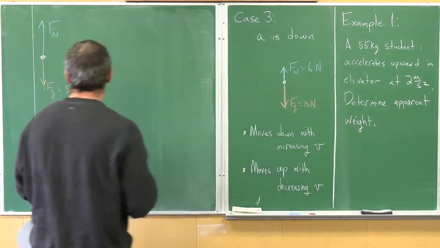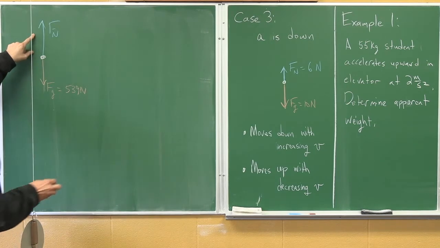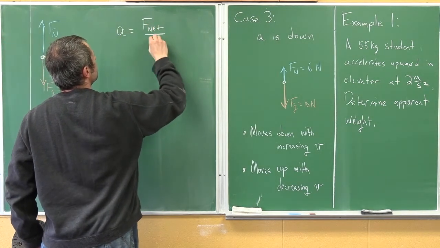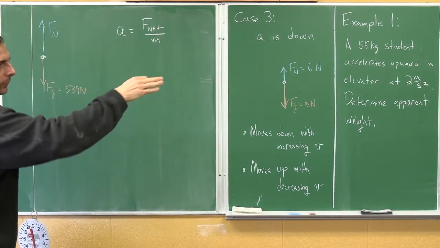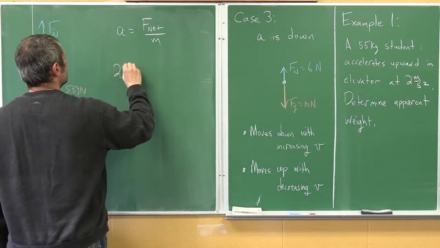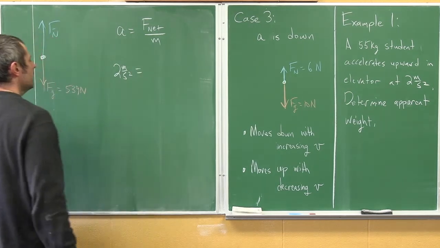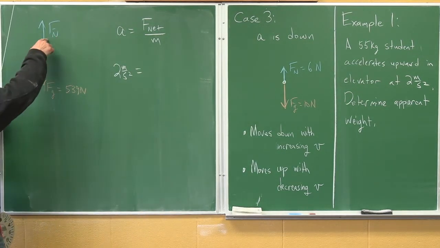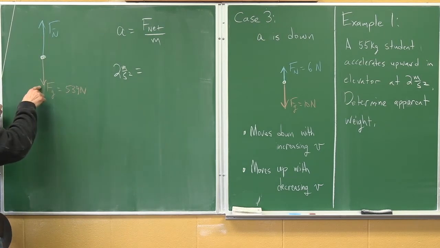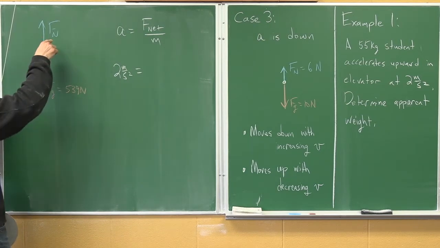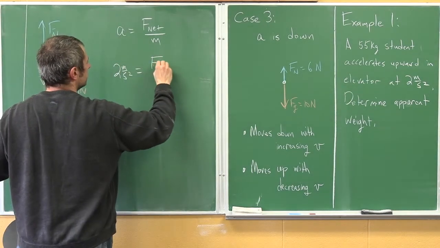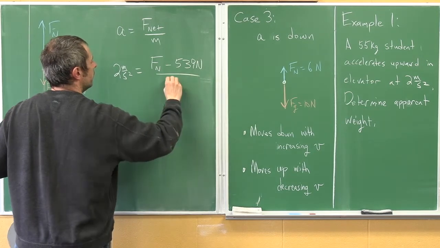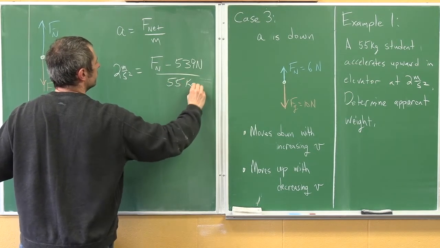So, to solve this, we've got to use Newton's second law. a equals F net over m. We know the acceleration is 2 meters per second squared. The F net, if you look at this diagram, is the forward force minus the backward force. So we do this, all over the mass of 55 kilograms.